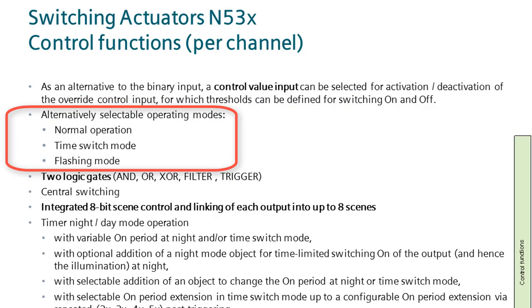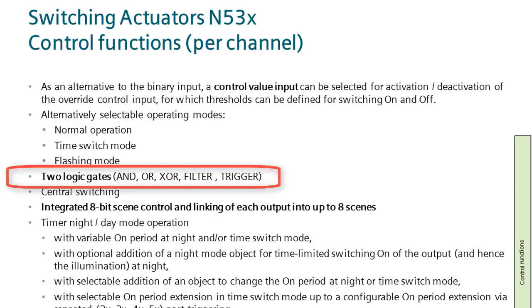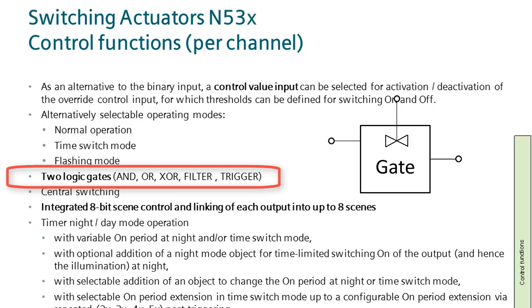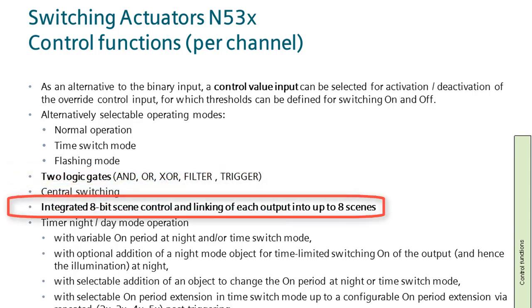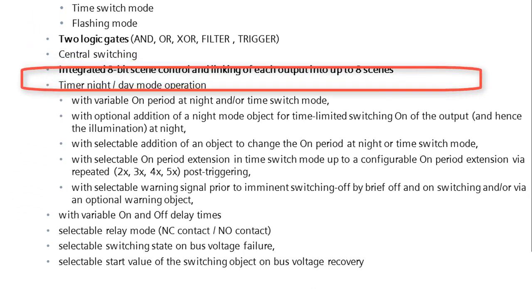Alternatively selectable operating modes: normal operation with variable on and off delay times, time switch mode, flashing mode. There are 2 logic gates, AND or XOR, filter and trigger option. Central switching. Integrated 8-bit scene control and linking of each output into up to 8 scenes.